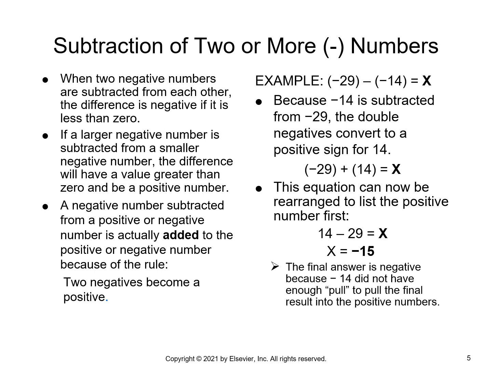Subtraction of two or more negative numbers. When two negative numbers are subtracted from each other, the difference is negative if it is less than 0. So in this example here, let's just say your account is overdrawn negative $29, and then there's a transaction that came out from your account to Walmart, because we know we all get a lot of fraudulent Walmart charges on our debit cards.